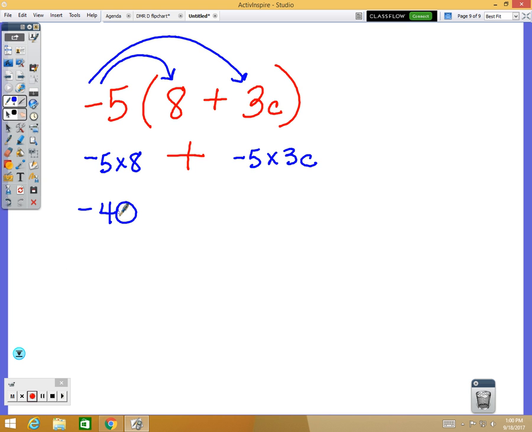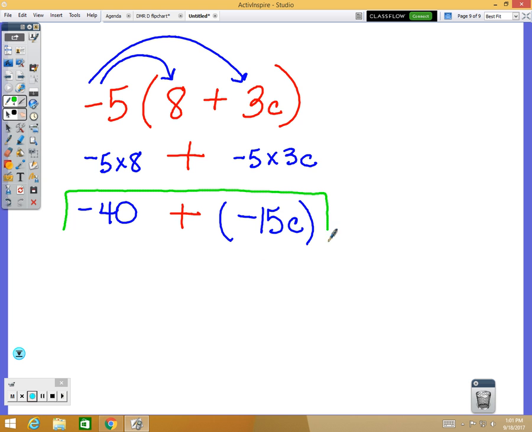Make sure you have that negative sign. 5 times 8 is 40, but if you have a -5 times 8, it's -40. Signs are different. What about -5 times 3c? -15c. And then in between there is your plus sign. Good. We don't want any fights, so we're going to break them up, put it in parentheses. And you're finished.